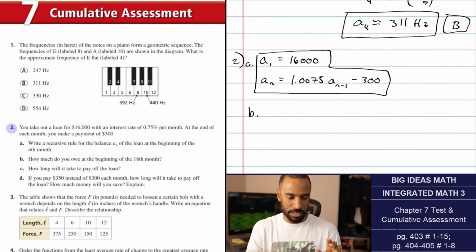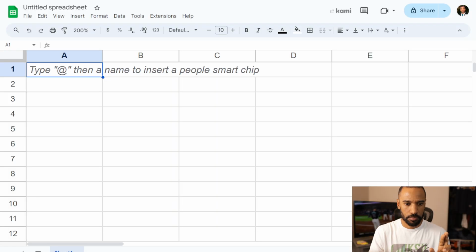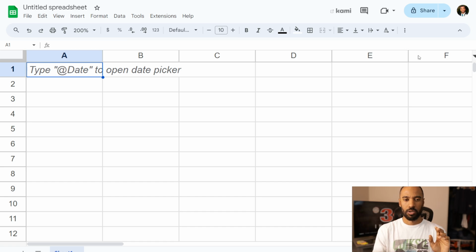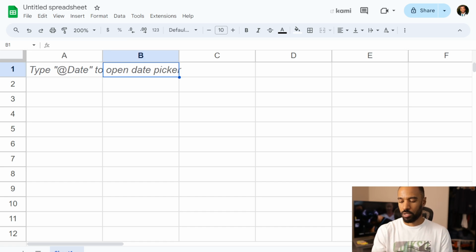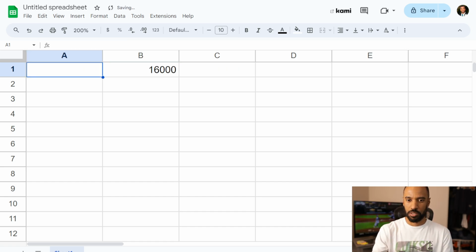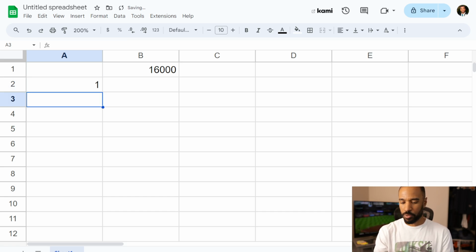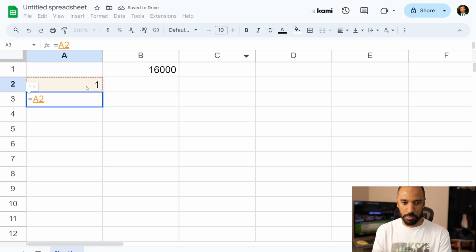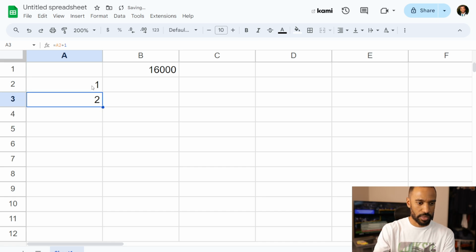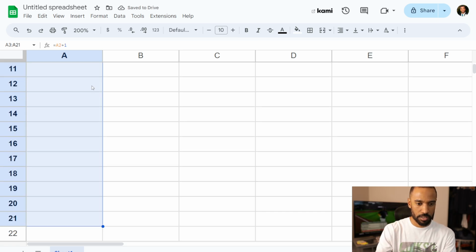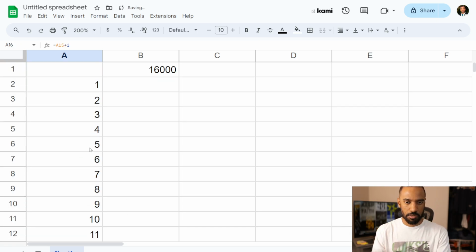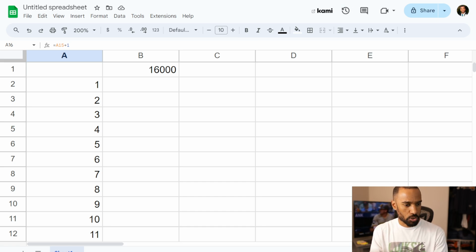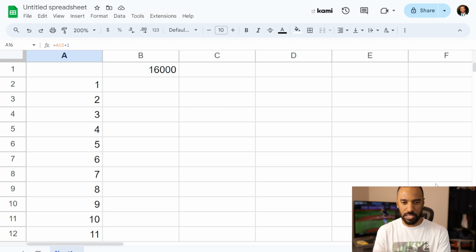Based off what we did at the time, we would do 16,000. I'm sorry, give me 1 second. I'm thinking about multiple things at the same time. This plus 1. We have to do the end of 18 months, I think they said. I want to do the rounding thing that they did as well. How much do you owe at the beginning of the 18th month?